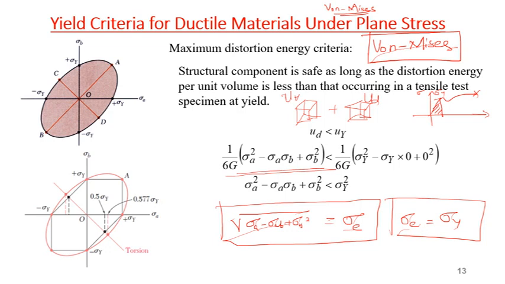It is 1 by 6G, where G is the modulus of rigidity, times sigma A squared minus sigma A sigma B plus sigma B squared, where sigma C is 0, and sigma A and sigma B again are my principal stresses.